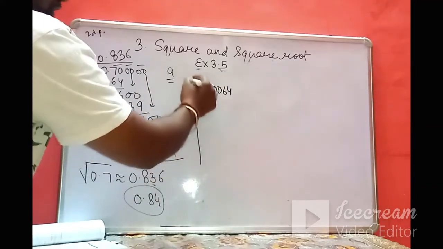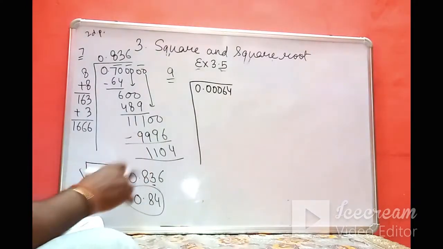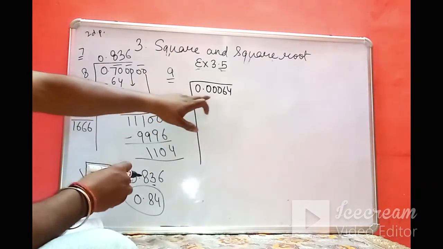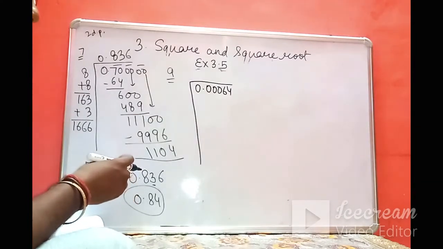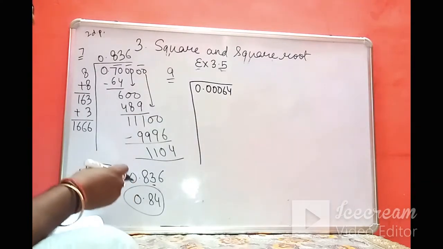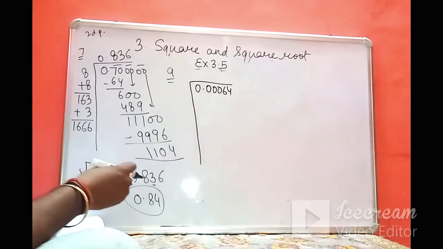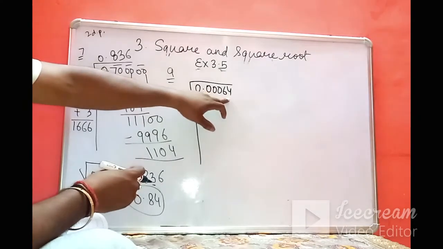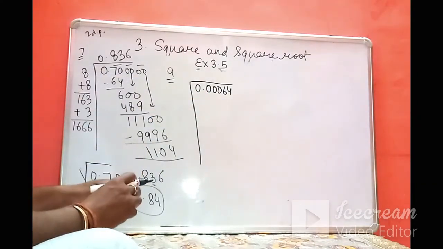See, 64 is a perfect square. We know that it is a perfect square. But the thing is, after the decimal there are 5 places. What I have told you is, whenever you have an odd number of places after the decimal, it can never be a perfect square. So 64 is there, but its square root will not be 0.08. We have to calculate.